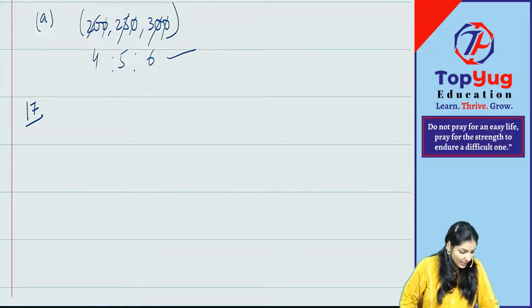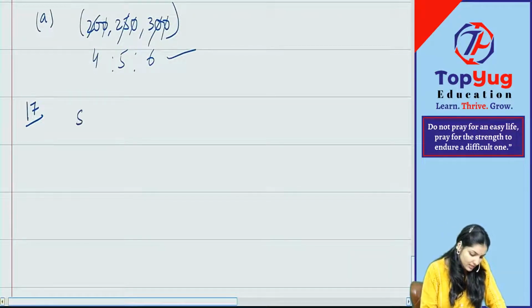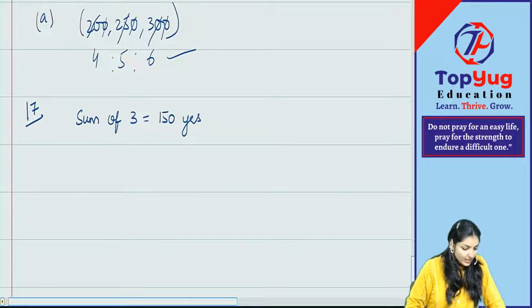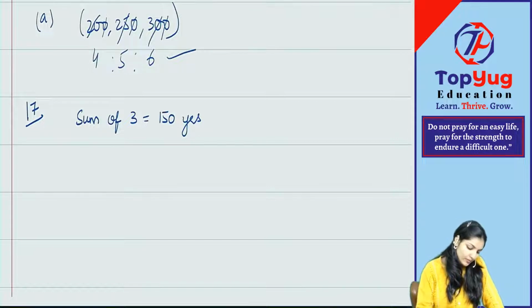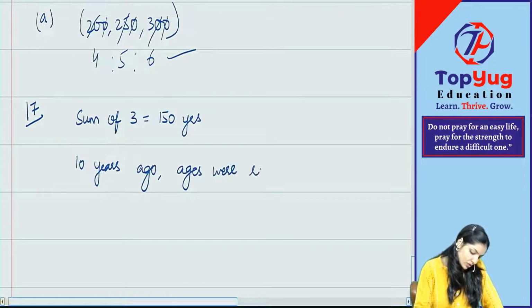Okay? Now 17th one: sum of the ages of 3 persons is 150. So sum of 3 is 150 years. Now 10 years ago their ages were in the ratio 7:8:9.